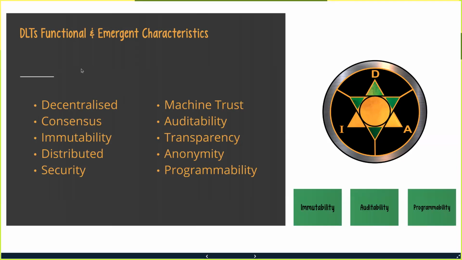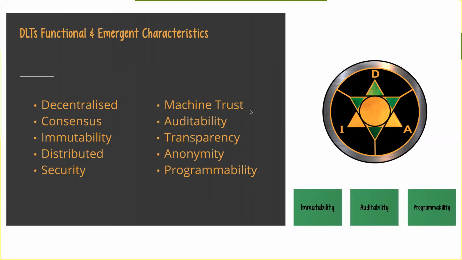So this module is really about looking into functional and emergent characteristics of distributed ledger technologies. By functional, I mean what we expect at the functional level, how they work, and the characteristics that we expect them to have.